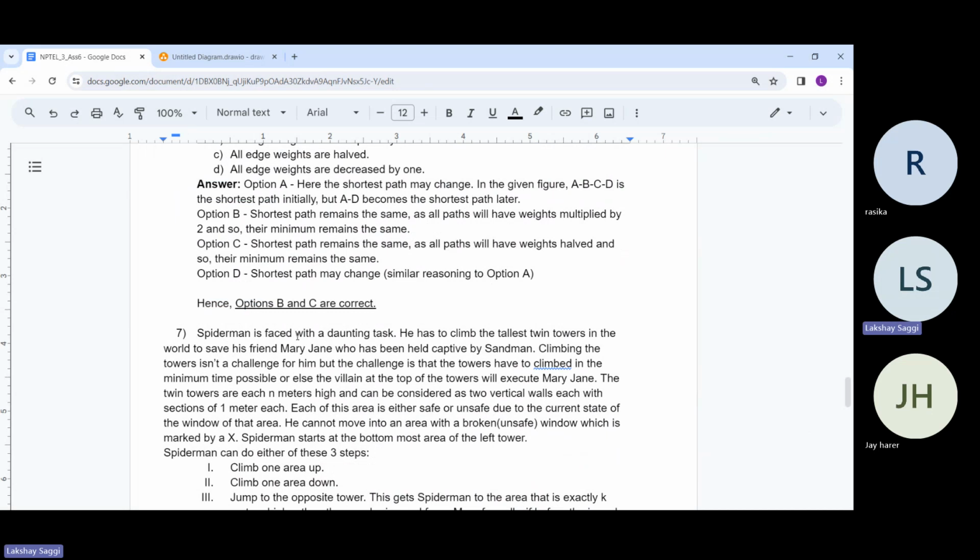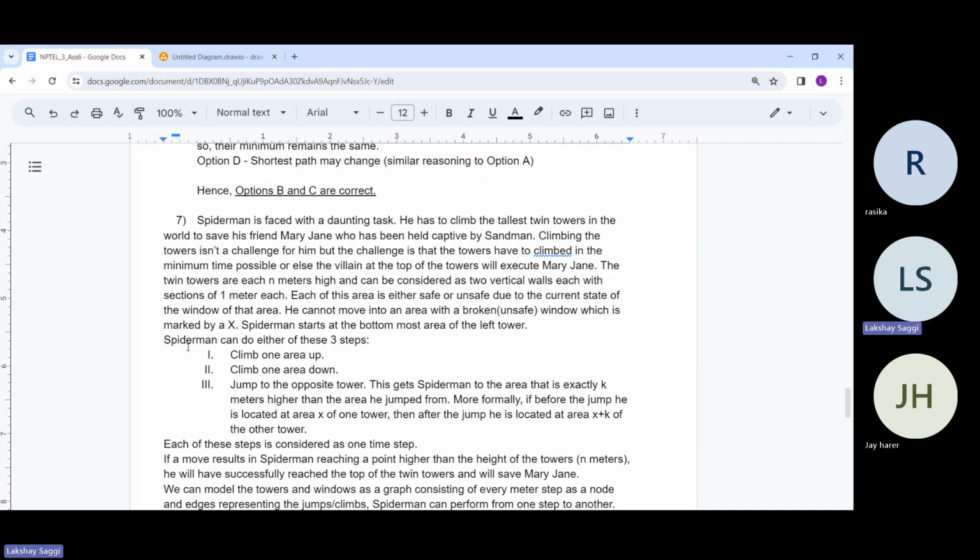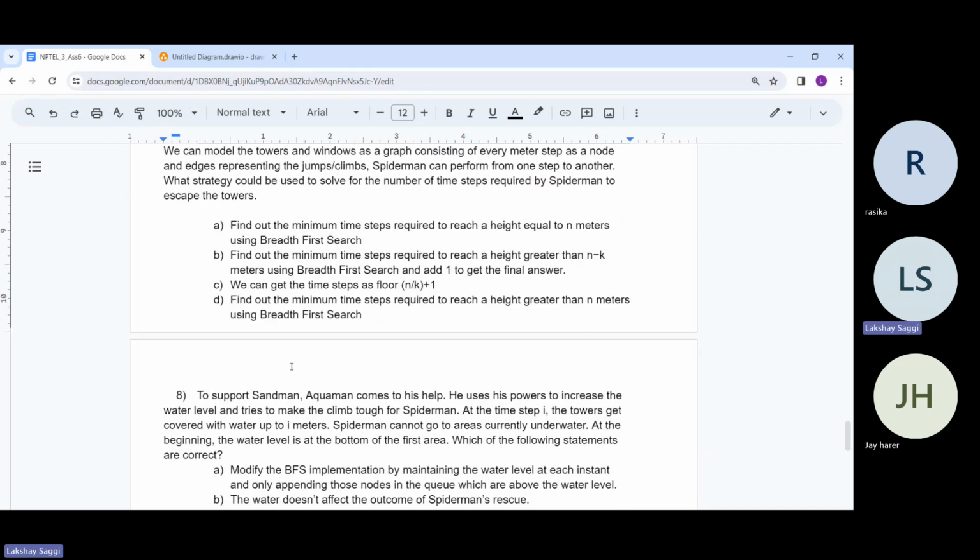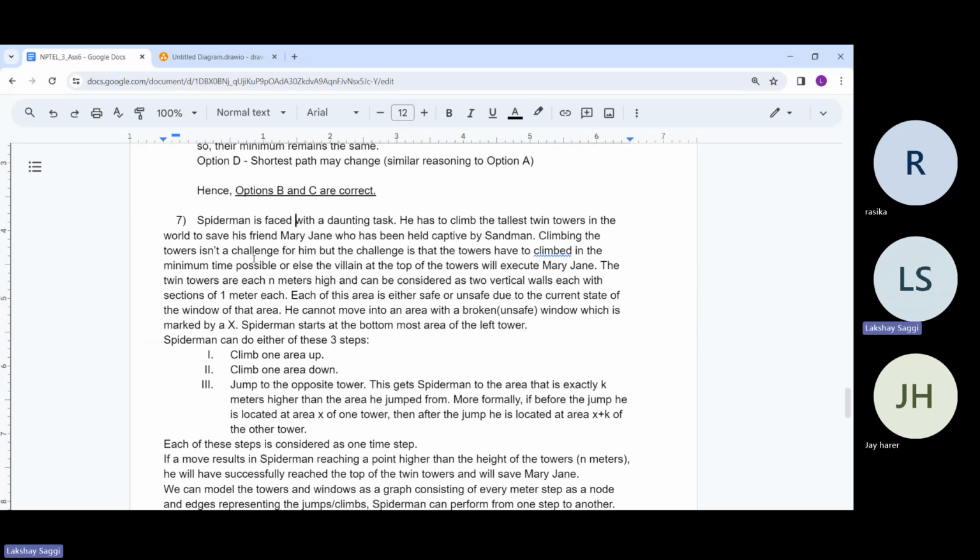Okay, so I believe problems 7 and 8 are also from your ungraded assignments, but these are not so difficult problems. These can be done by you yourselves.